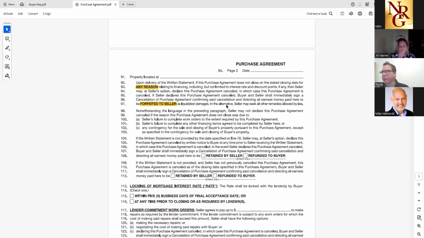If you're going to point out that this changed on the form, I mean, yeah, this probably just clears up some of the back and forth information. Most people don't read these lines, and then there's questions about it. They're clearly saying that if the written statement was delivered and it does not close on the date for any reason related to financing, then the money's forfeited to the seller.